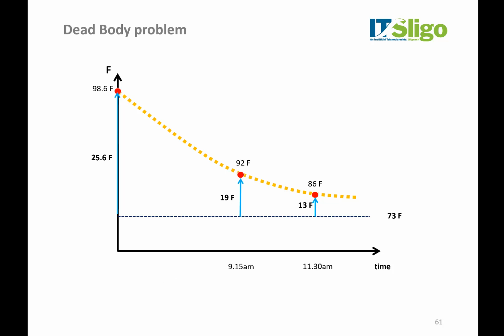So again, the maths is the same, but there's just another layer of understanding in dealing with ambient temperatures. So that's what we're looking for here. When was the body at 25.6 degrees Fahrenheit above ambient? That's the real question we want to answer.